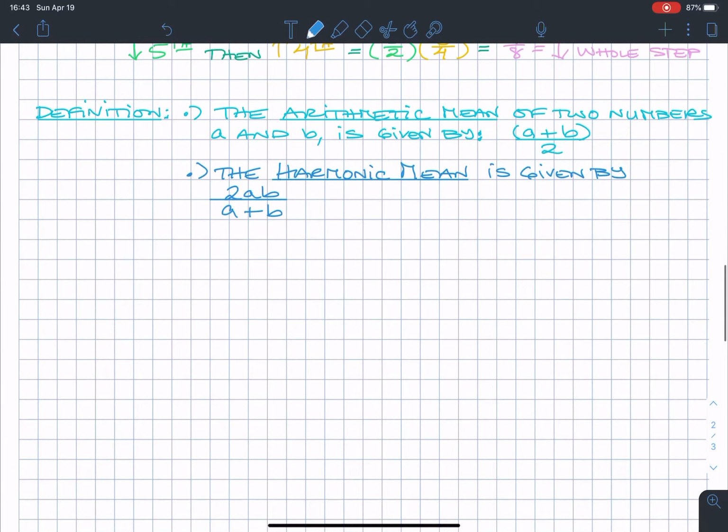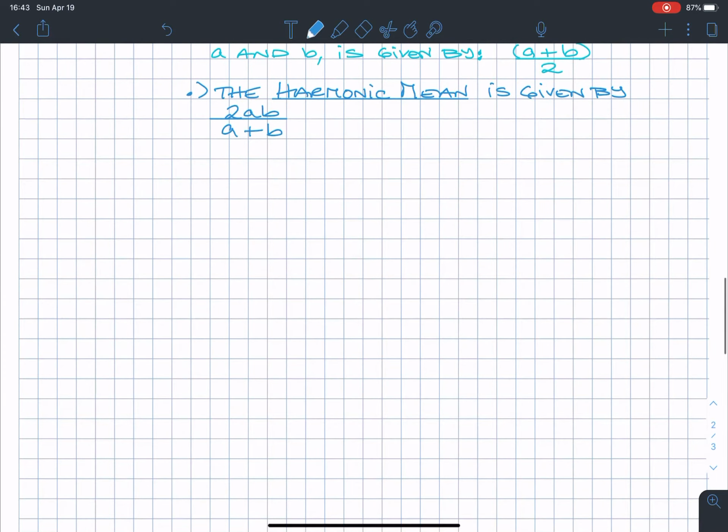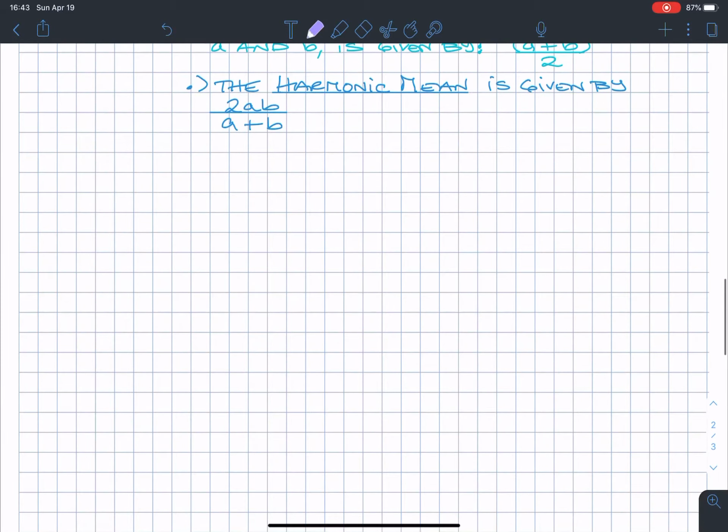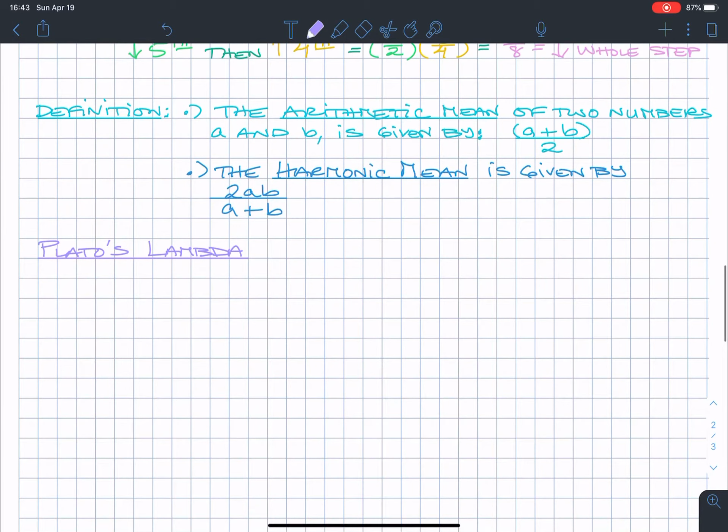Okay, so Plato's lambda is what I would like to do next. And don't worry, I will get back to those harmonic and arithmetic means in a moment.